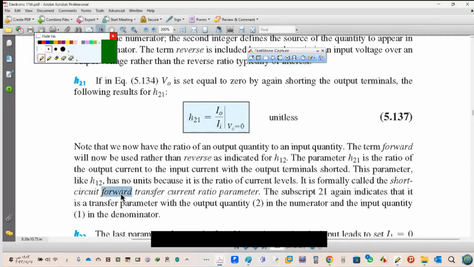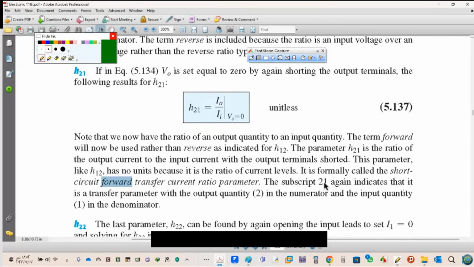That means from input to output. And as you see, the subscript 1 again indicates that it's a transfer parameter with output in the numerator and the input in the denominator.